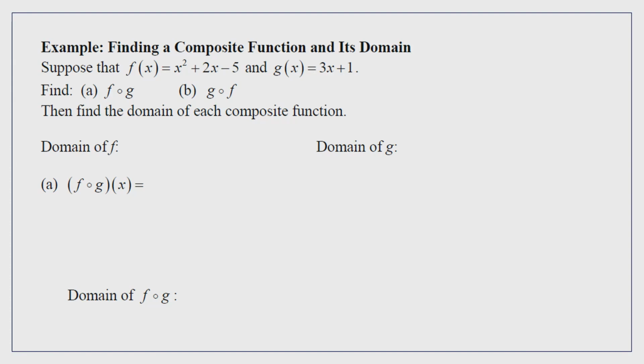Well, f of x is a quadratic function, so it's a parabola, and the domain of a parabola is all real numbers. So we'll write our all real numbers symbol, or you can write the set of all real numbers, either way. And g of x is a linear function, so the domain of g will also be all real numbers. So there's no restriction on the domain.